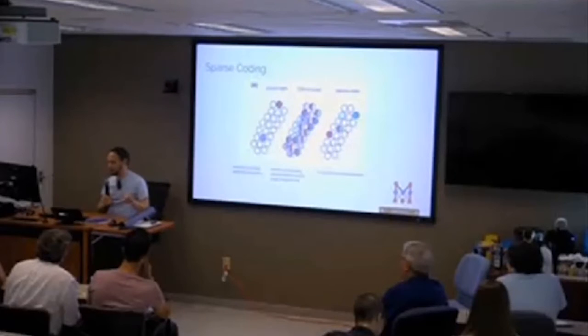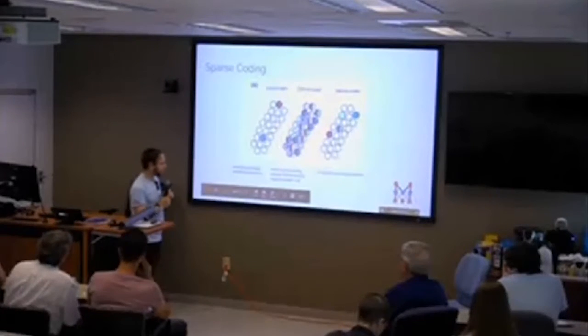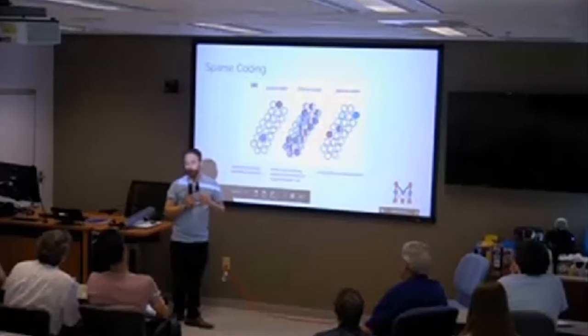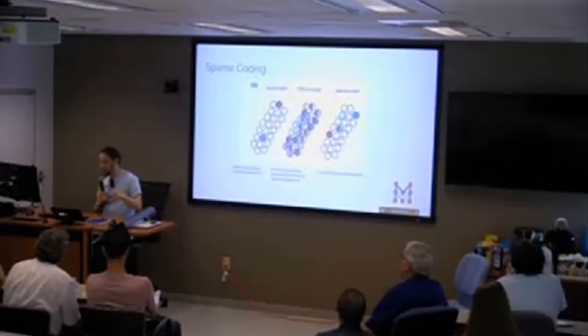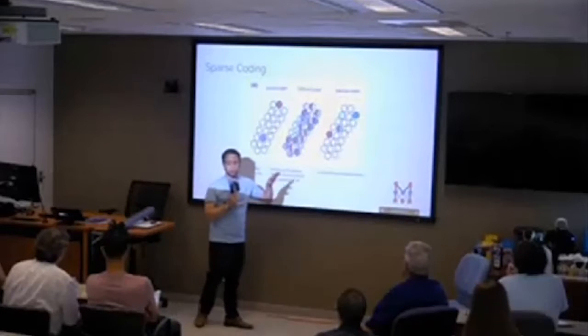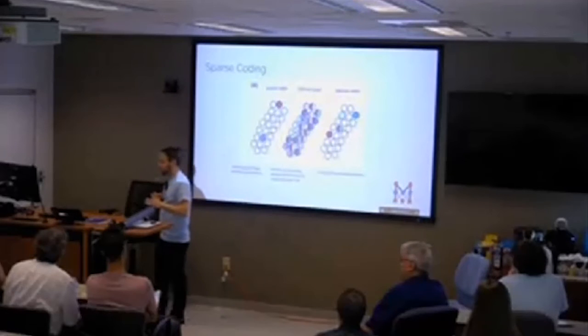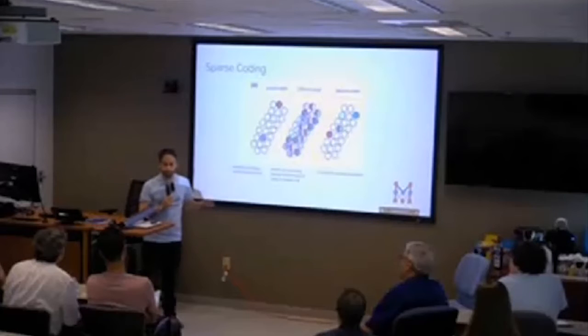So there's a compromise position, which is this idea of sparse coding. Sparse coding is that you don't encode in terms of a very small number of neurons, like one or two, but you encode as a distribution across a small number of neurons. And there's significant evidence that in certain parts of our cortex, this is in fact what we're doing. That this is in fact what the neural code looks like.